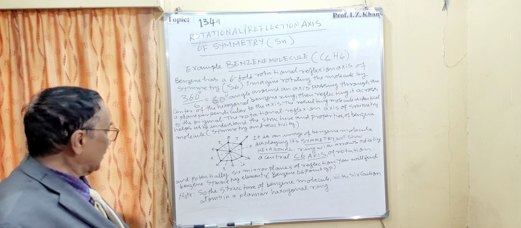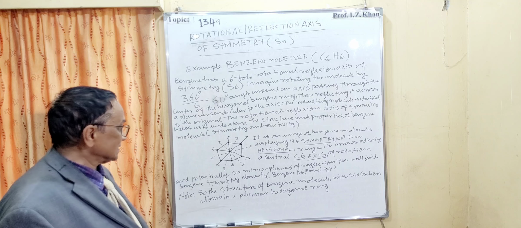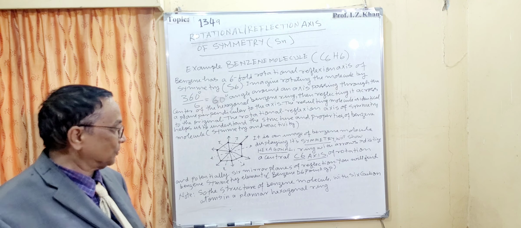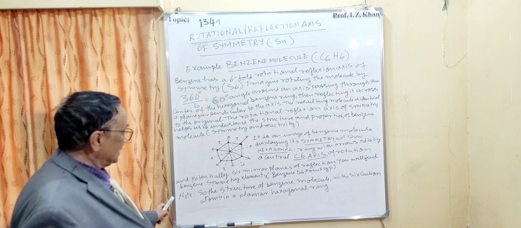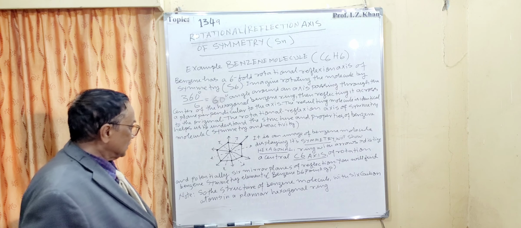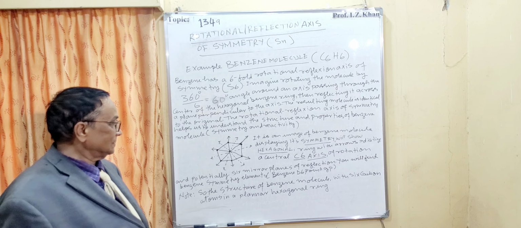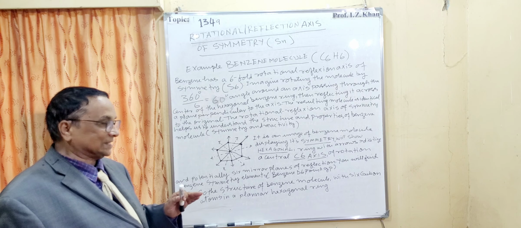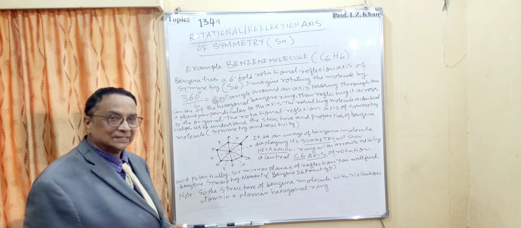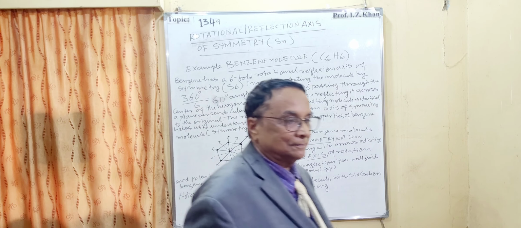So you will find benzene symmetry elements and the benzene D6 point group. In a note, one line: the structure of the benzene molecule with 6 carbon atoms is a planar hexagonal ring.